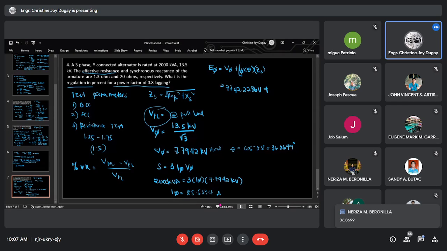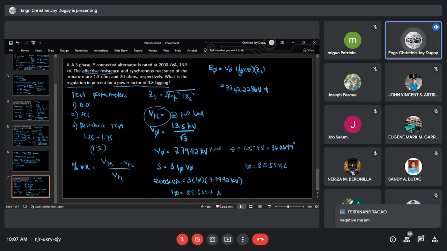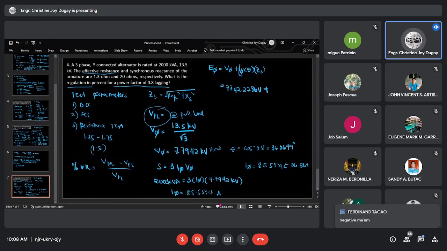So if you are going to input here, so the final value of I phase po natin, that is equal to 85.5334, angle of positive or negative? Since it is lagging, it will be negative 36.8699. So substitution, negative 36.8699, and then multiply ninyo kay ZS natin, which is 1.3 plus j20.